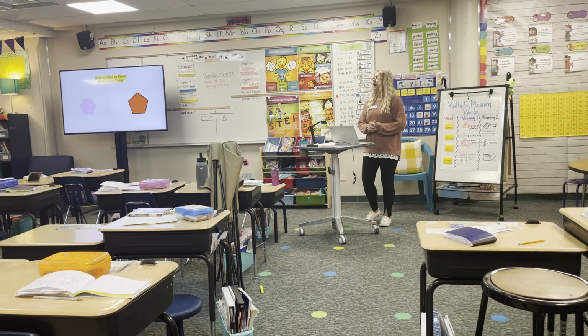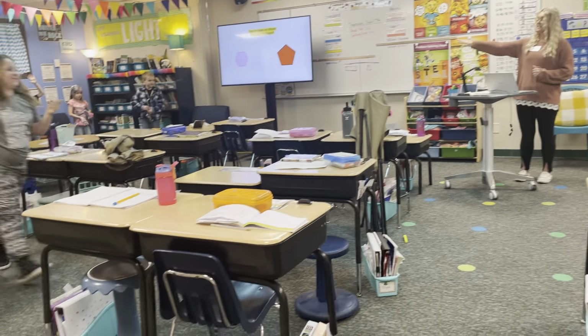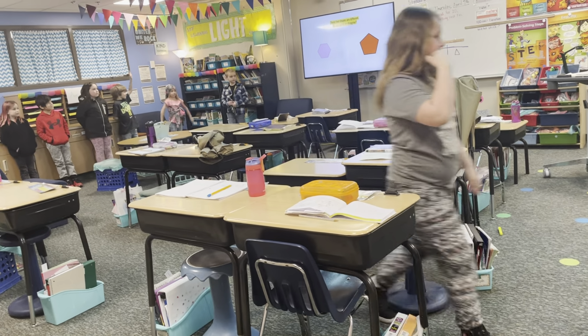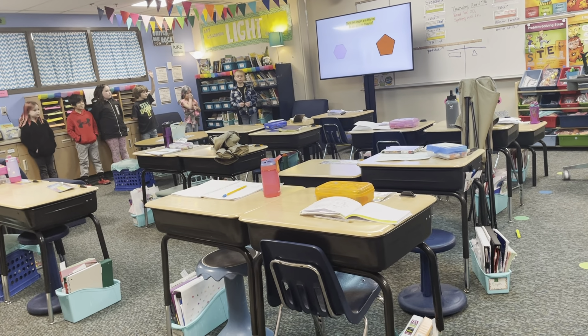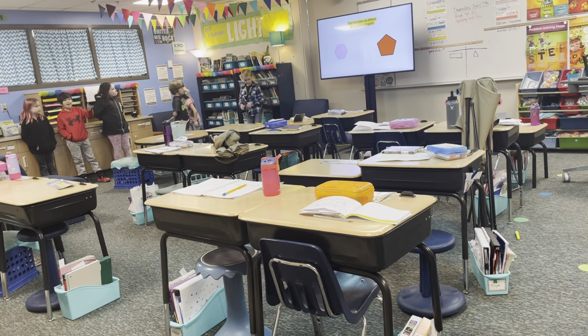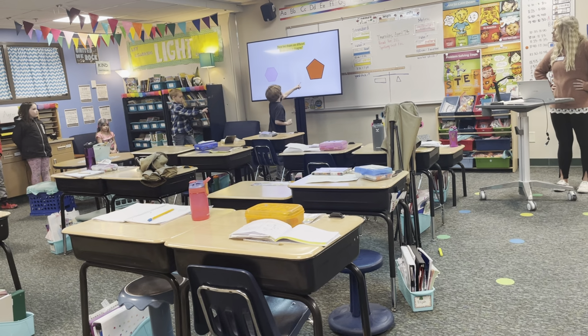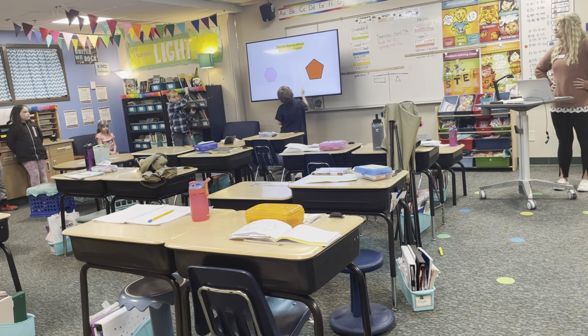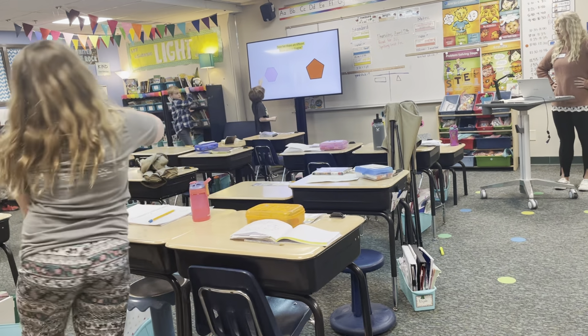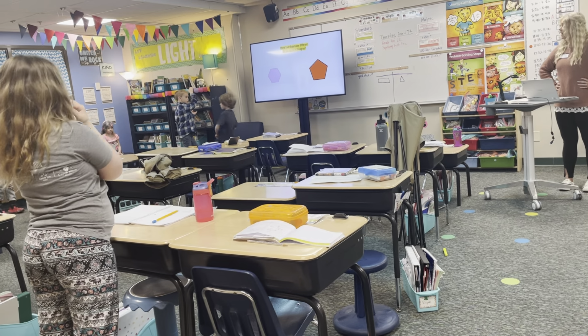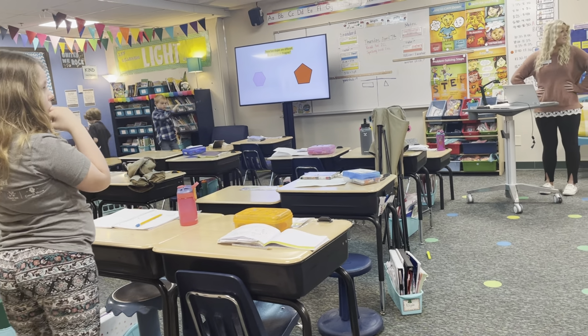Okay. All right, we will go with this side first. You said these two shapes are different. You said that's right. Knox. Because this one has less sides and it's got a point. That one's got a flat top and has more sides. Okay, Knox, thank you. Now, yes, Lucy.